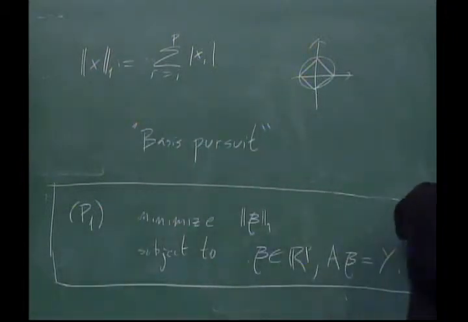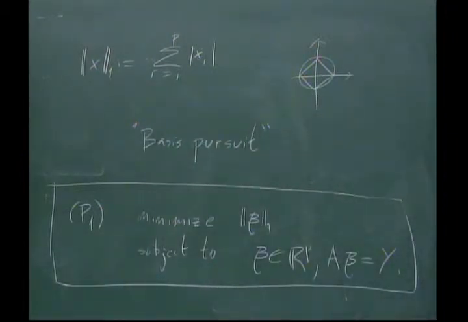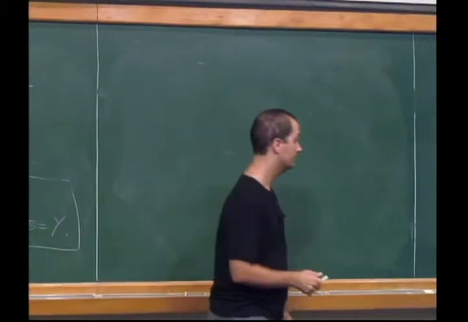I'm going to prove now a lemma. For the time being, I'm not going to try to argue that the unique solution to this problem is exactly beta min. I'm just going to try to say something different.